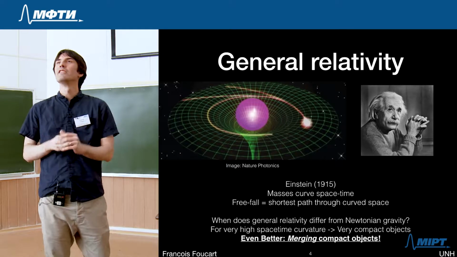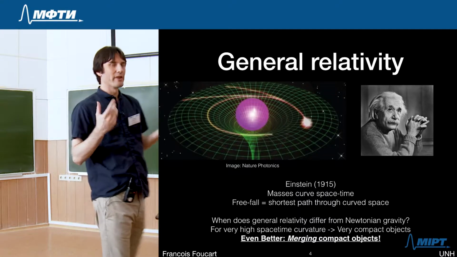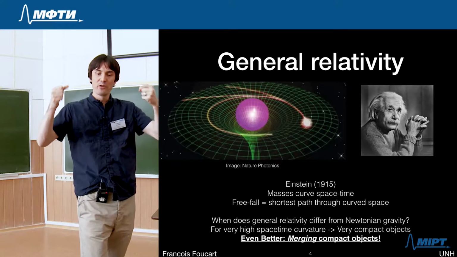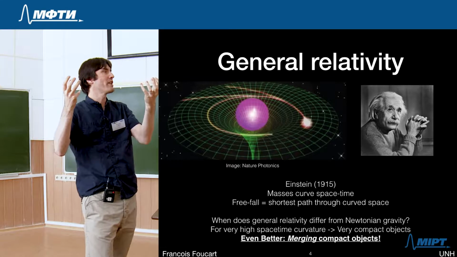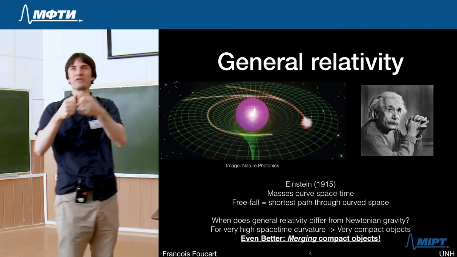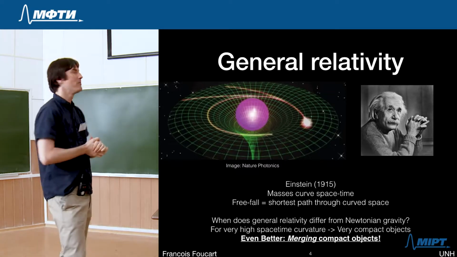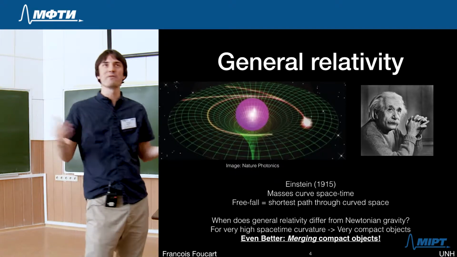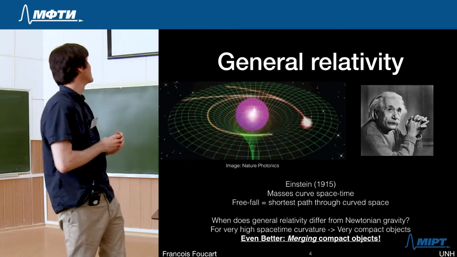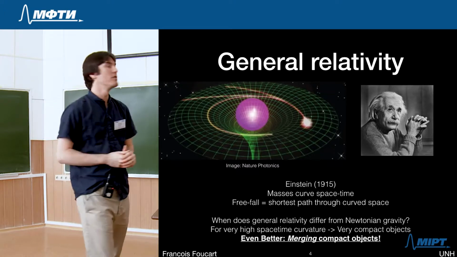And even better, if you have very compact objects that are colliding with each other, because Einstein's theory is nonlinear, and that is the regime in which you have two very compact objects creating strong curvature that are interacting with each other very closely, where really we cannot predict easily what is going to happen, and where there's the most potential for strange things happening as well. And that's where there was the most chance of Einstein's theory breaking down overall, when you had all those nonlinear interactions between very compact objects like black holes and neutron stars. And that's one of the main motivations to study these merging black holes and merging neutron stars.